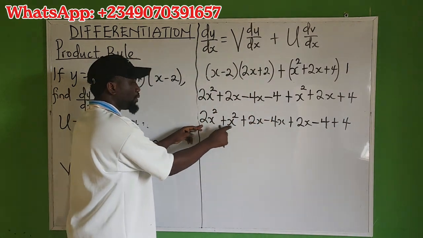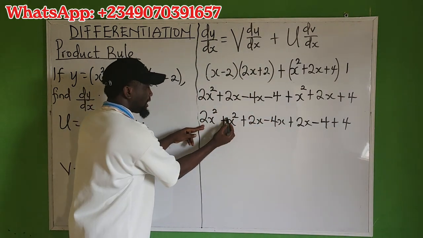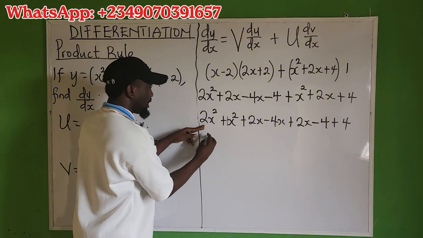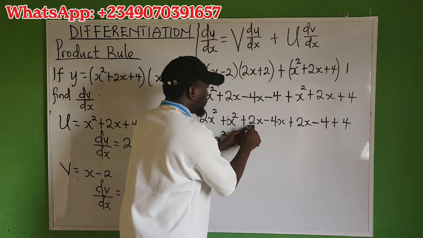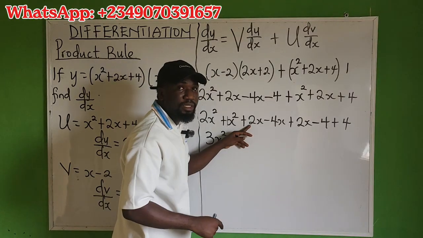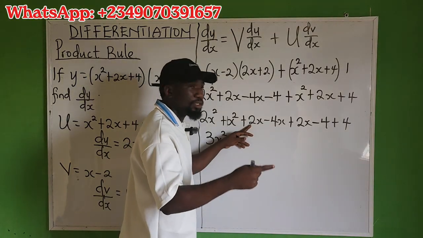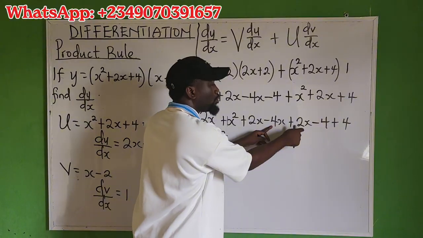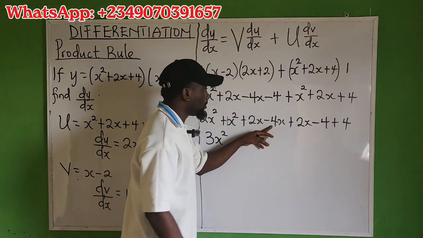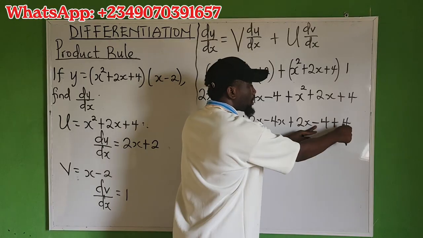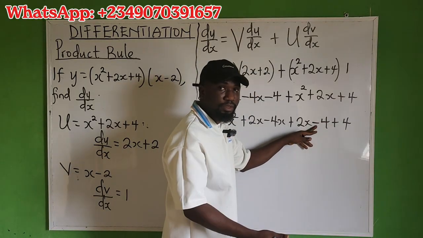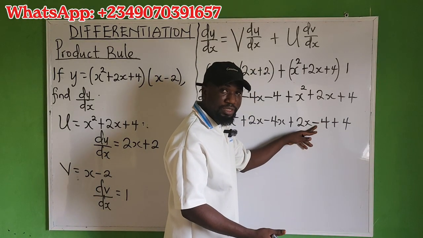So 2x squared plus x squared: the coefficient here is 1, so 2 plus 1 is 3x squared. Then plus 2x minus 4x is negative 2x, and negative 2x plus 2x is 0. Then negative 4 plus 4 is also 0. Do you understand it now?